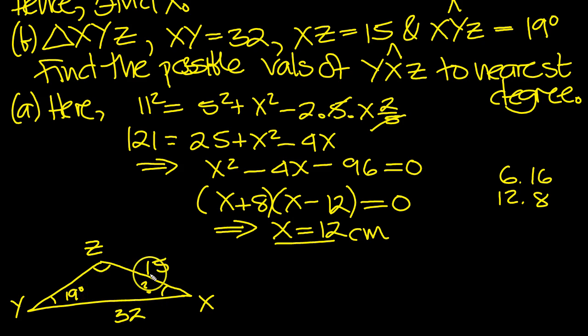So we've got this side, we've got 3 of 4, haven't we? We can find the sine of this, and once we found this angle, we can find this angle. So let's do that then. So 32 over sine of the angle at Z is equal to 15 over sine 19.